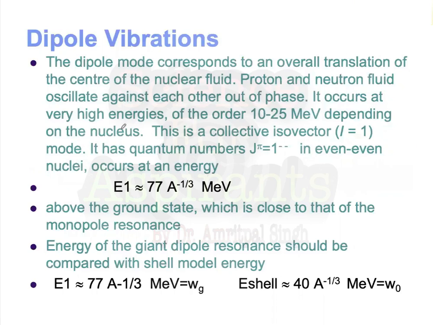Similarly, they have experimentally calculated the energy of the giant dipole resonance, compared it with the shell model, and found this much difference in energy. These values are more close or more satisfied as compared to experimental results.